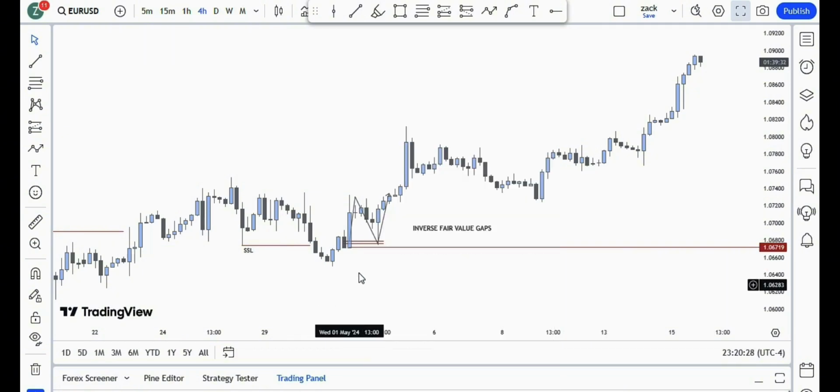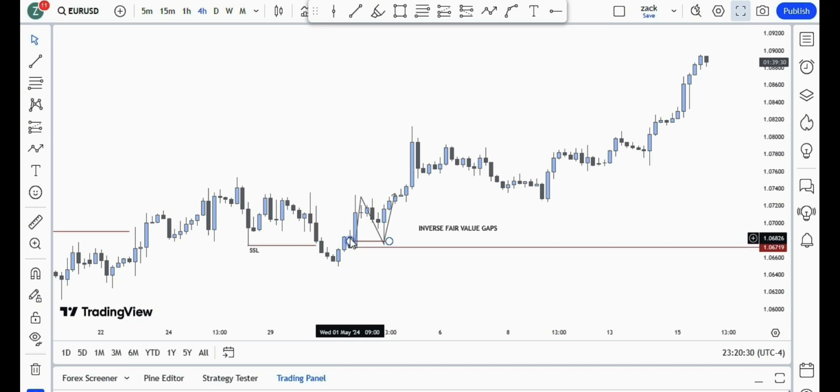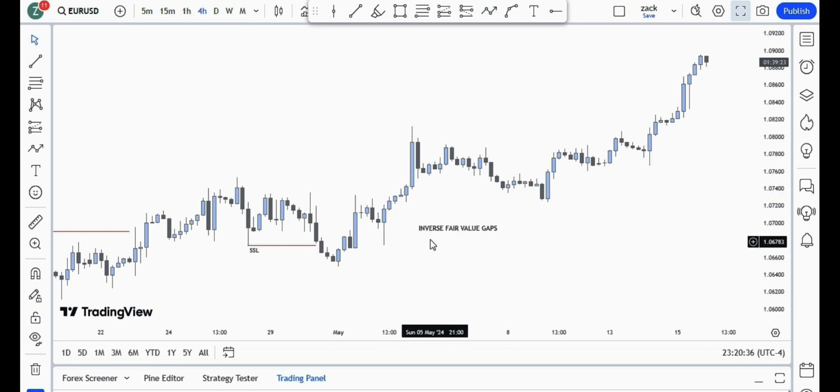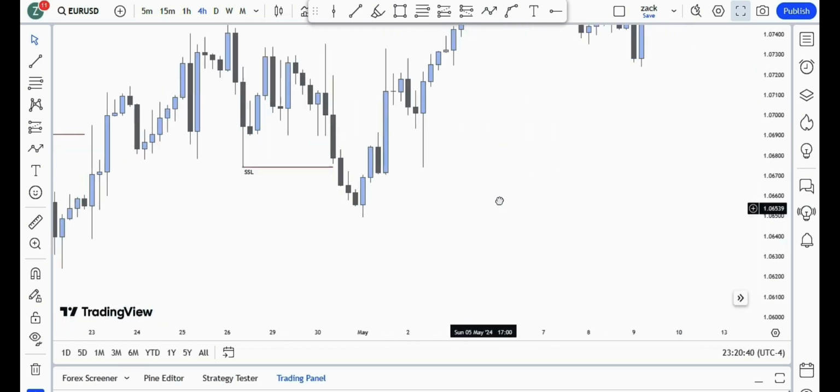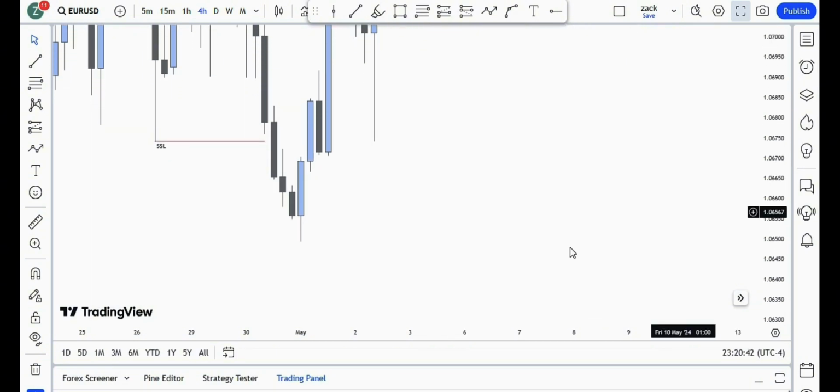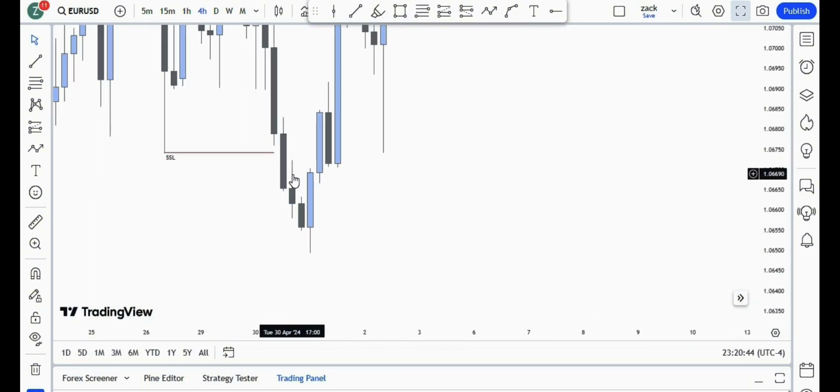And again, it's occurred on the 4 hour time frame. The same inverse. See this place again. One, two, three.